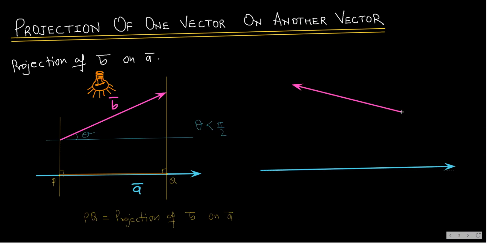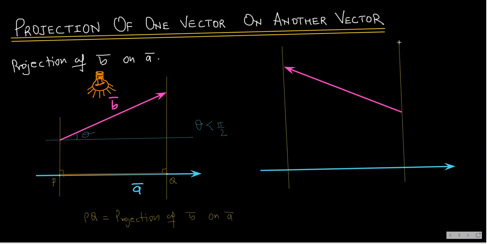This is vector b bar, this vector is a bar, and we are finding the projection of vector b bar on a bar. For this, from the extreme ends, that is from the initial point and the terminal point, we draw perpendiculars on a bar.